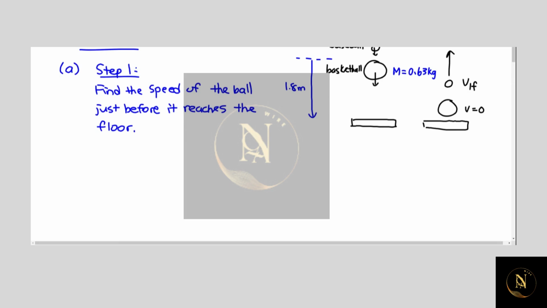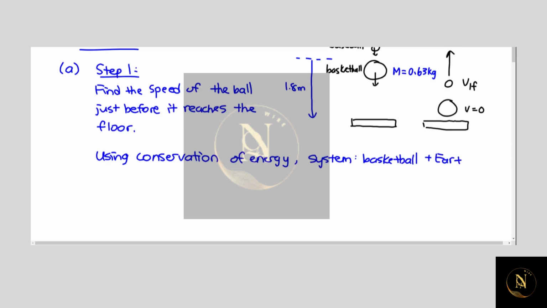We'll use conservation of energy. The system we are looking at is basketball plus Earth, and we have Ki plus Ui equals Kf plus Uf.